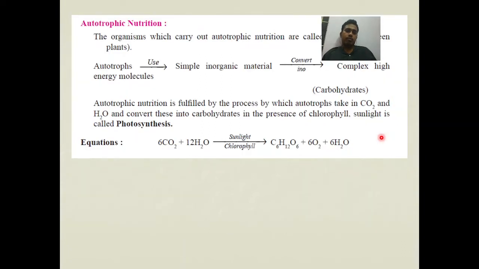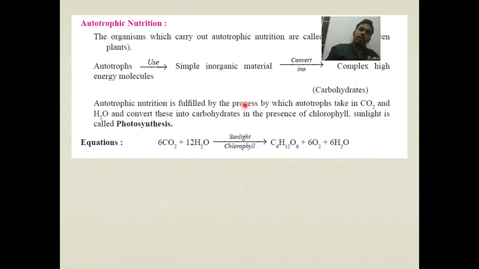First, organisms which carry out autotrophic nutrition are called autotrophs. The common name we can call them is green plants. Autotrophs use simple inorganic materials and convert them into complex high energy molecules, that is carbohydrates. Autotrophic nutrition is fulfilled by the process by which autotrophs take in carbon dioxide.